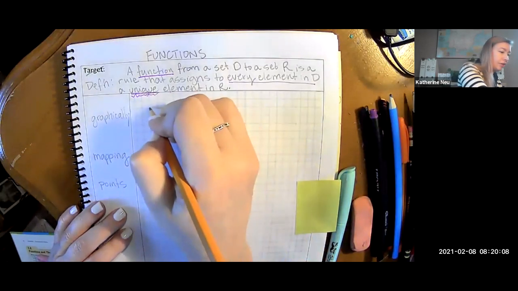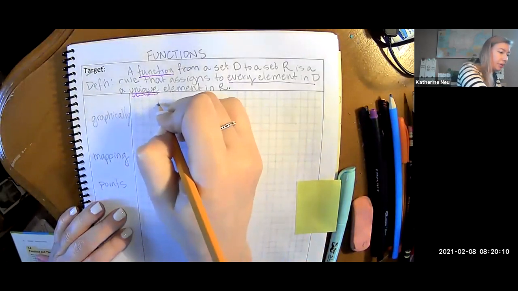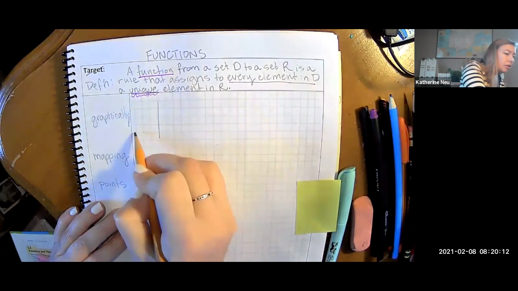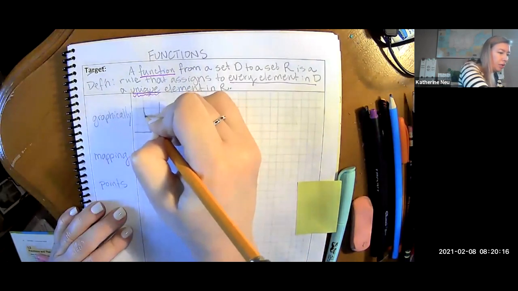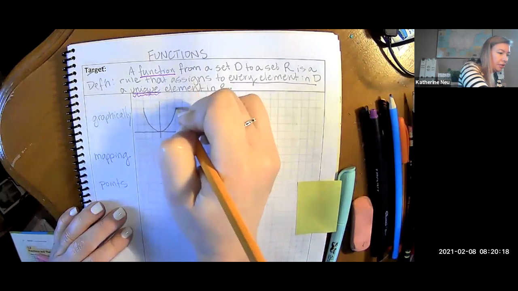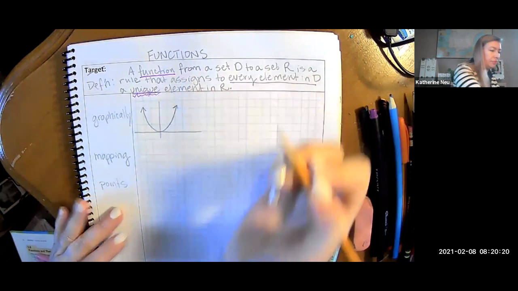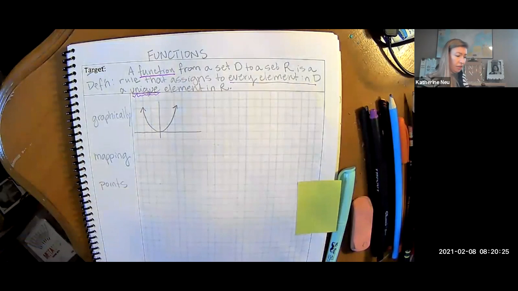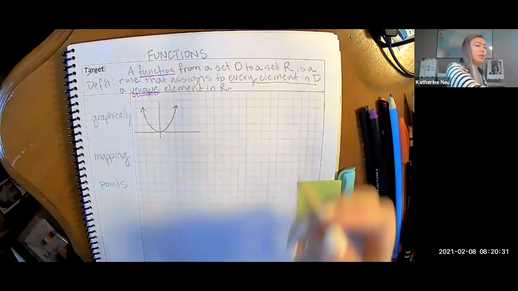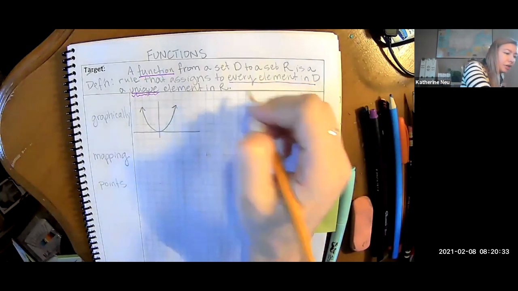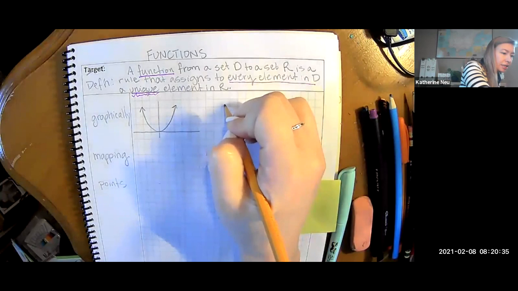So if I have a graph that you know very well, which is the function y equals x squared, there is a test that you can do. And this test always works. It is called the vertical line test.